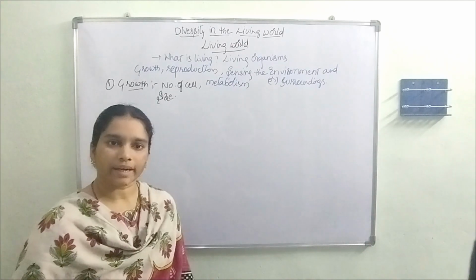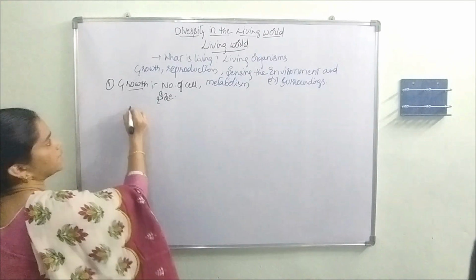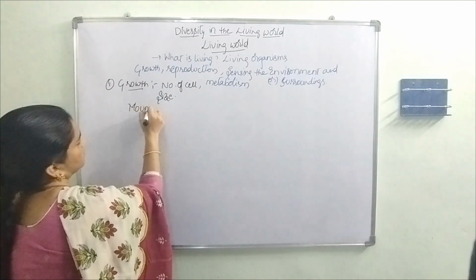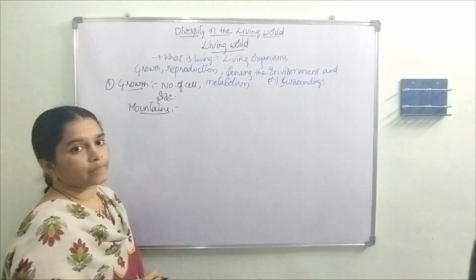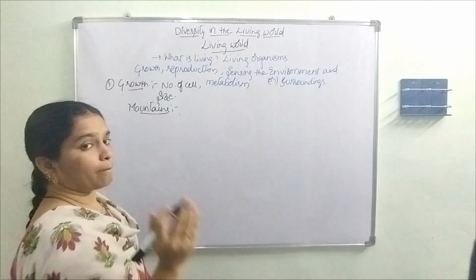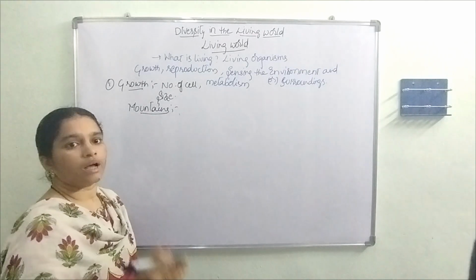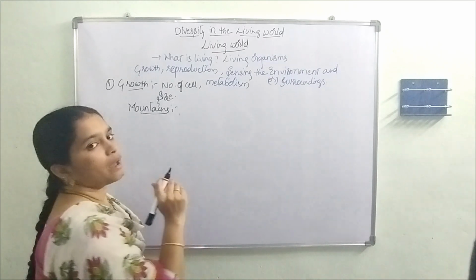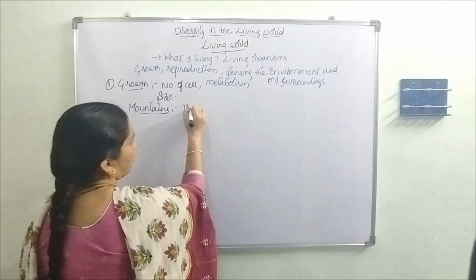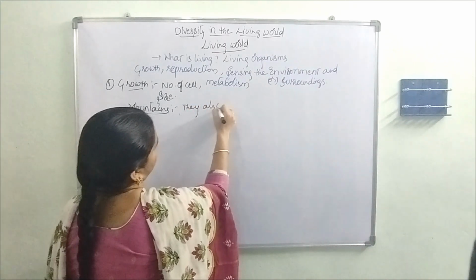Do the non-living organisms grow? Yes. Example, mountains. So these mountains, how they grow? They can grow by the accumulation of the external particles or external matter. So they also grow.